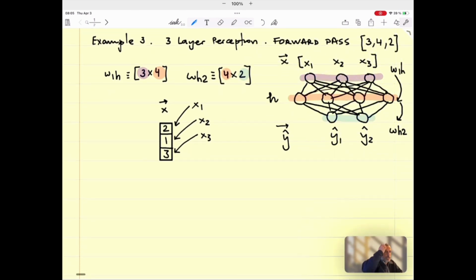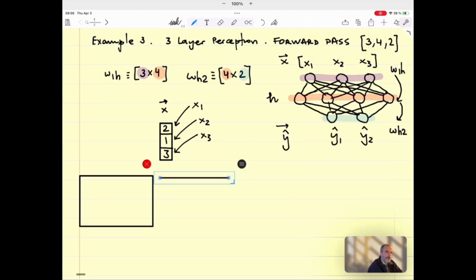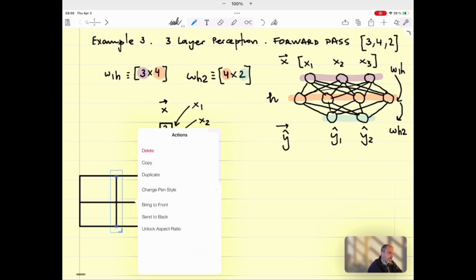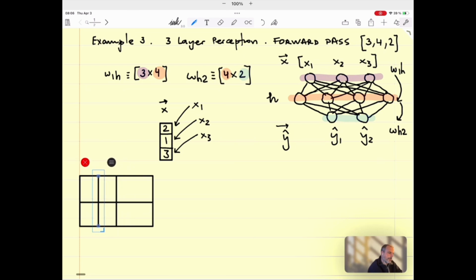Then we have our weight matrix. Takes a little bit of time to make it pretty, but I think it's worth it because it's more didactic.